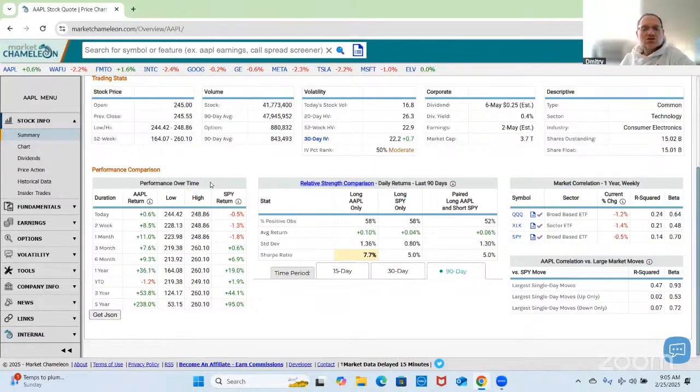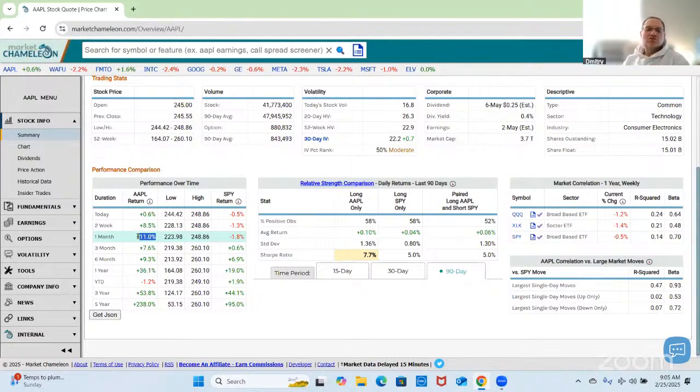This looks at a time frame, so let's say 1 day, a 2-week time frame, 1 month, 3 months, 6 months, all the way down, and it gives us the performance of Apple over that range. And we could compare that to what the rest of the market did.